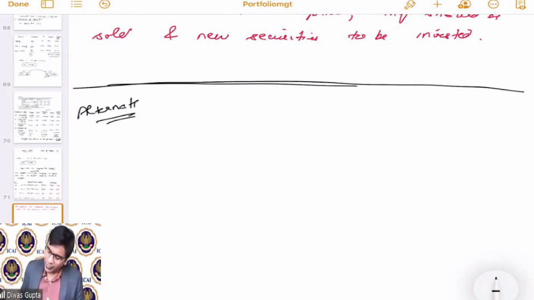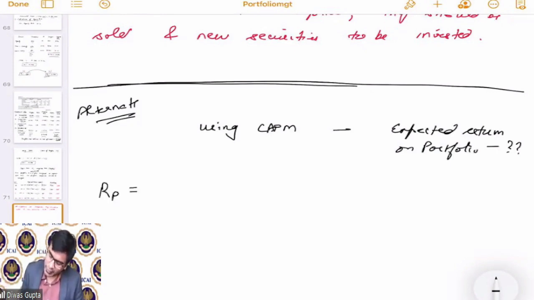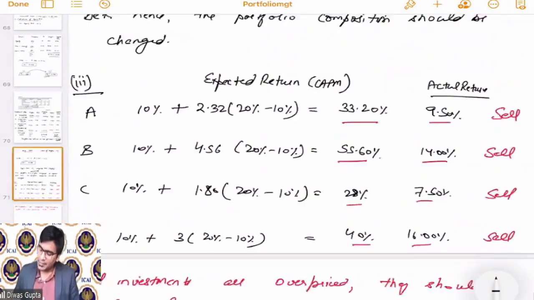So the alternate approach is, using CAPM, we can find out what should be the expected return on the portfolio. This we can find out by putting in beta. So return on portfolio is equal to 10%, which is the risk-free rate of return, plus beta of portfolio.